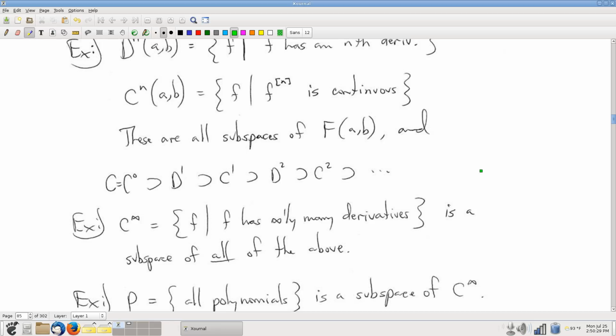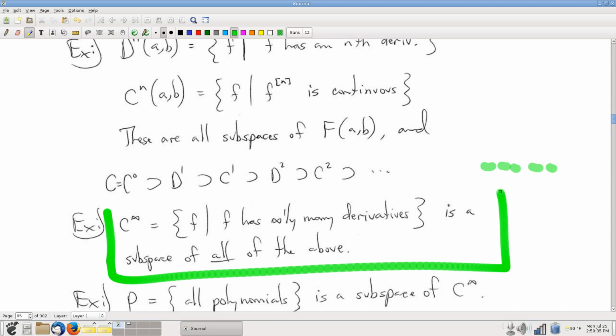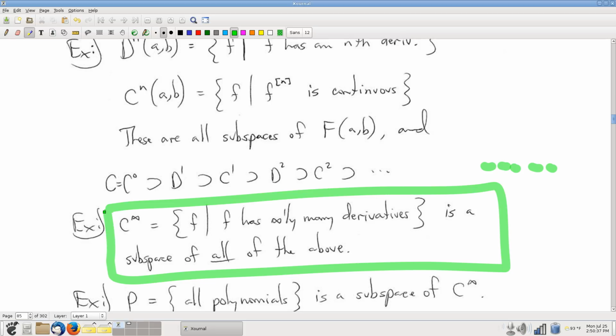Okay, you might say down at the end of this list, so to speak, is C infinity. This is just the collection of functions that are infinitely differentiable. And that sounds like a foreign idea, but in fact, most of the functions that we deal with most of the time have this property.